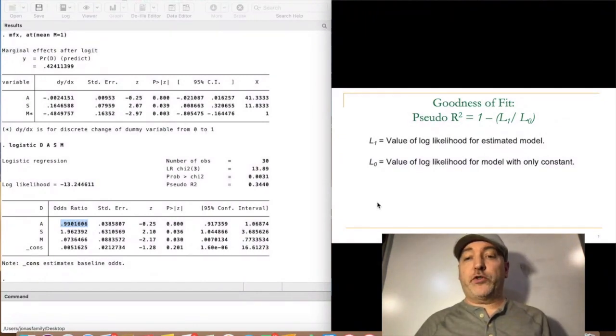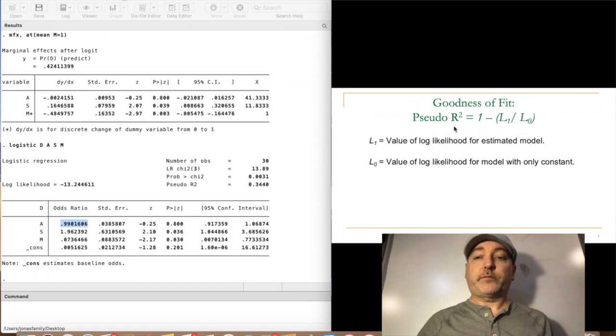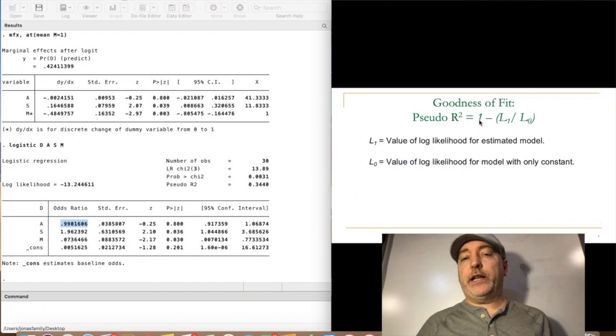So this so-called pseudo R squared, sometimes referred to as the McFadden R squared, can be calculated as 1 minus the ratio of your model's log likelihood, call that L1, relative to the log likelihood of a model without any x variables.